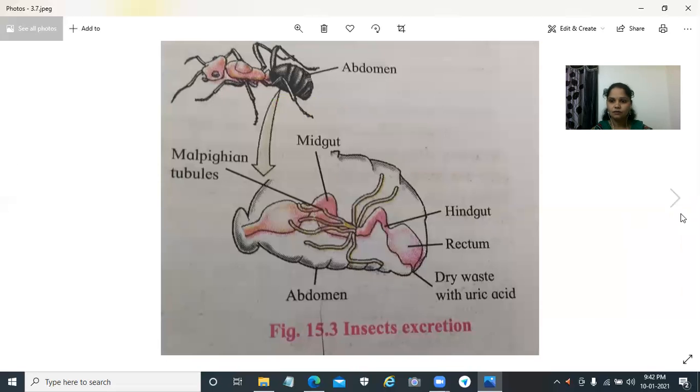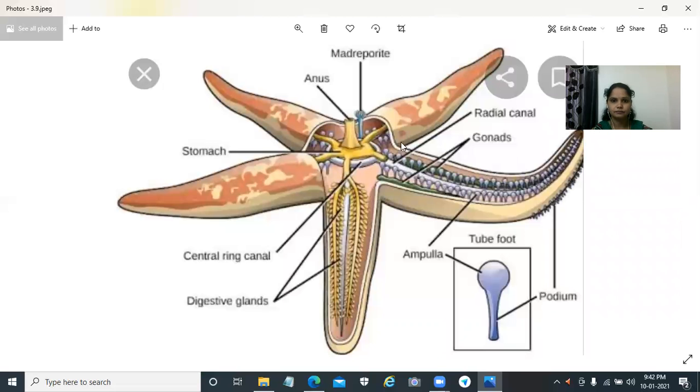Inside the water vascular system, water enters through the madreporite and circulates into the arms, because they show radial symmetry. Look at this, a single tube foot. A number of tube feet are arranged in the arms, and water which enters from the madreporite is circulated here and again enters into the arm.